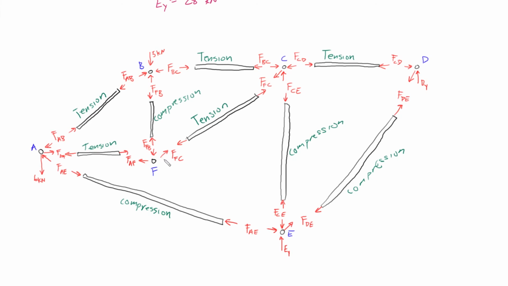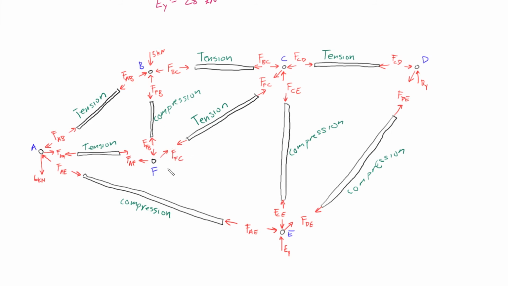So you would think it's in compression because you drew the force in this direction, but actually it's in tension because the reaction force on the two force member points in the opposite direction. So it's always best, in my opinion, although it's longer, to draw the whole diagram like this.